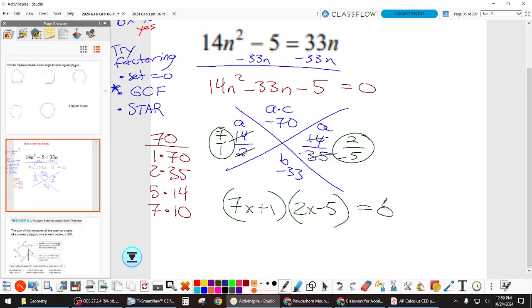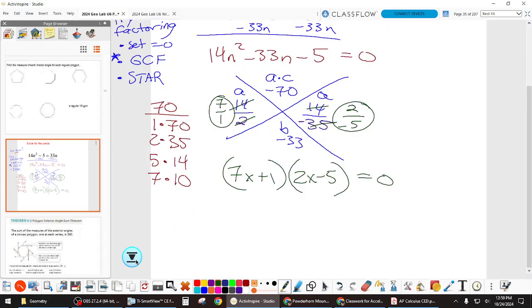And I do want to remind you, if you forgot to reduce, your solving answers will be the same, but your factors will be wrong. So it just depends what you're being asked to do. Okay, from here, what do we do next? We have two factors, something times something equals 0.